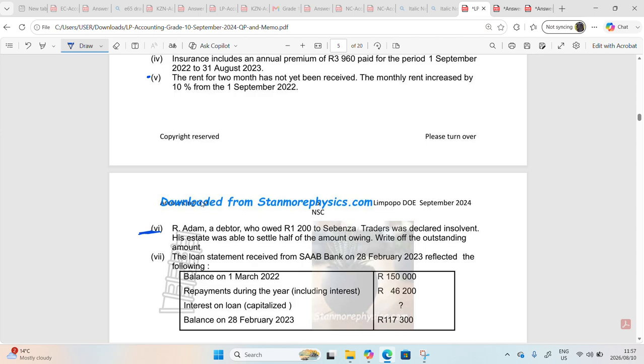His estate was able to settle half of the amount owing, write off the outstanding balance. So we have someone who's owing us 1,200 in total, and now they can't pay anymore. But his estate managed to pay half of 1,200. So we only received 600 from the total amount that he was owing.